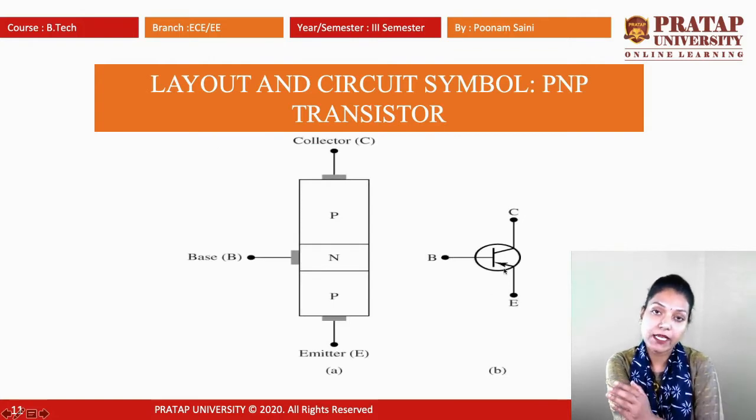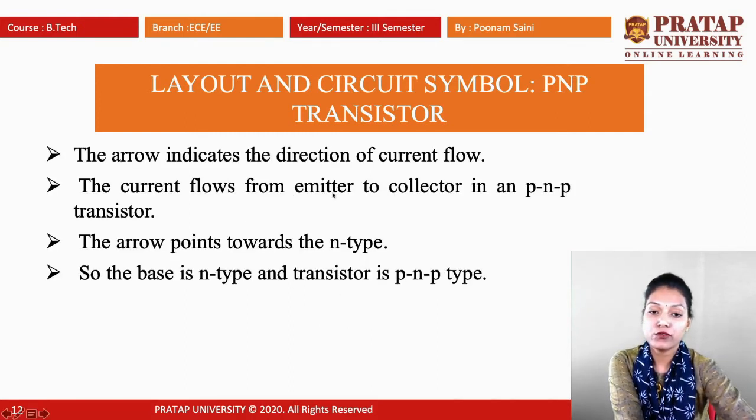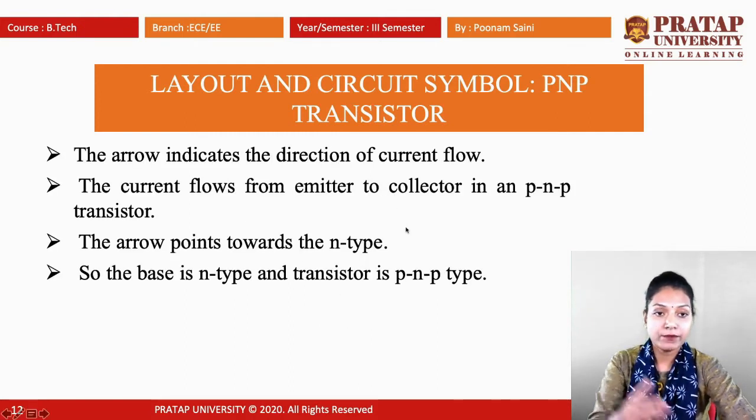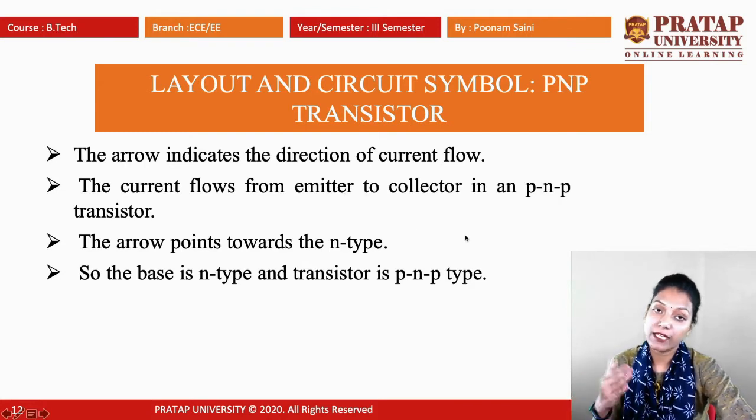In both NPN and PNP circuit diagrams, the arrow represents the flow of current in the circuit. In PNP the current flows from emitter to collector, and the arrow points towards the N type, so this is known as PNP type.